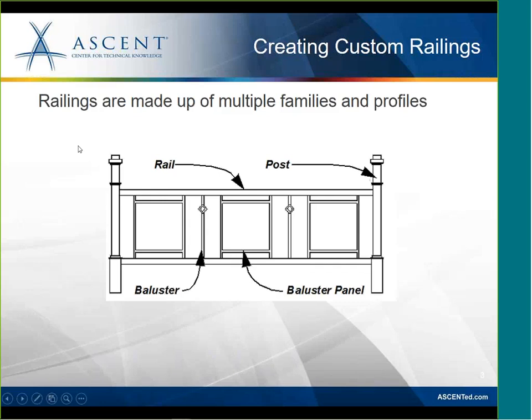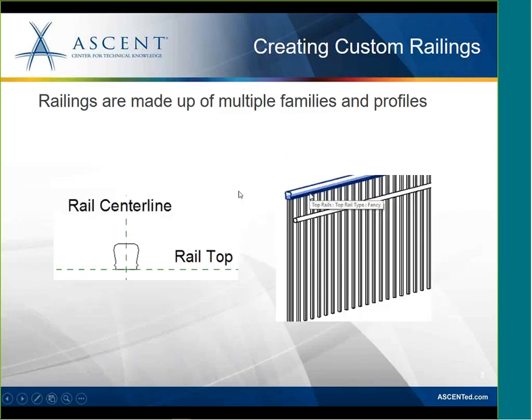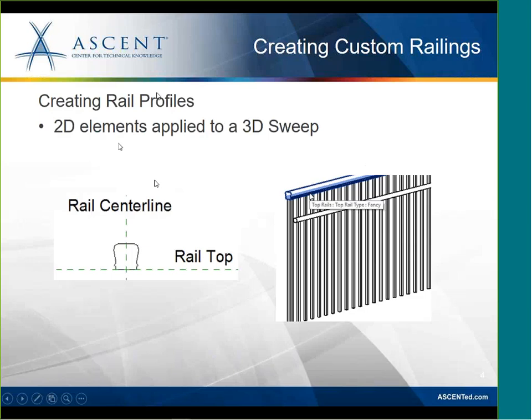Now, the posts, balusters, and baluster panels are all families. You create them just like you would create other component families. There are some specialty tools to them, but they are basically how you create other families. But all of your horizontal members, your rails, are actually made from profiles. When you're creating a rail, you're drawing just a 2D item, and that's applied to a 3D sweep, as you can see in this particular case.